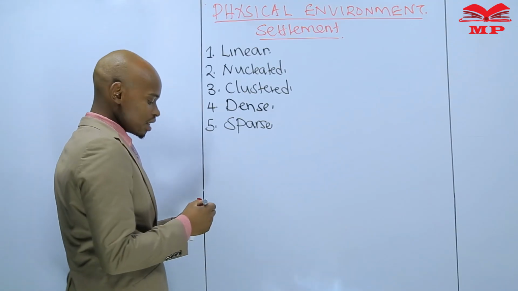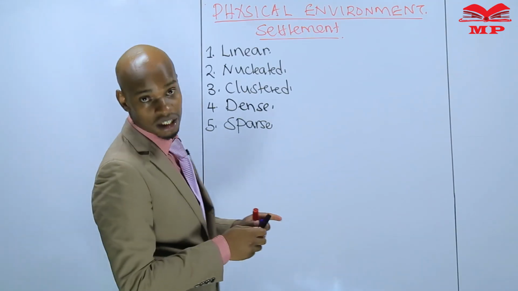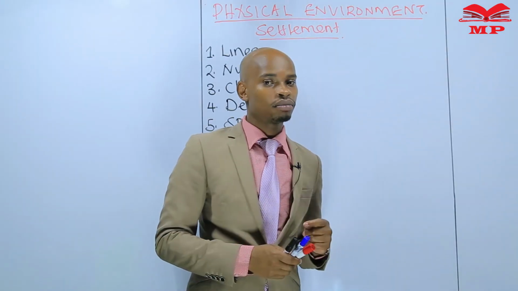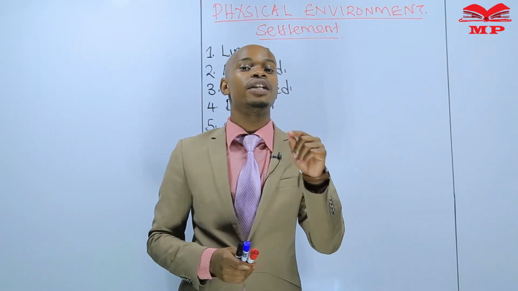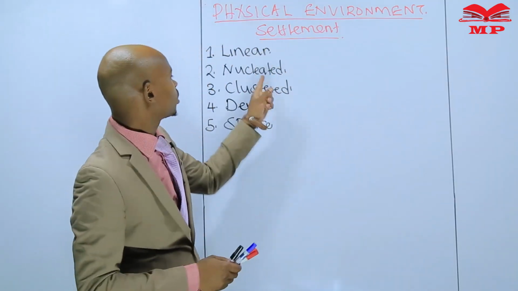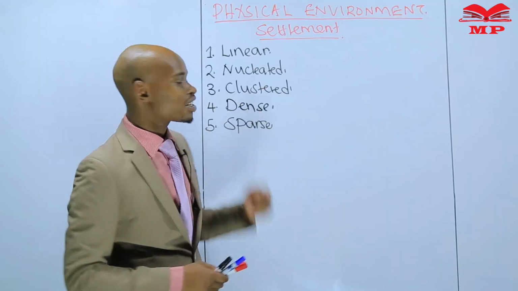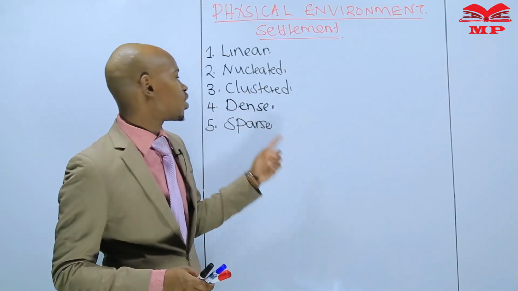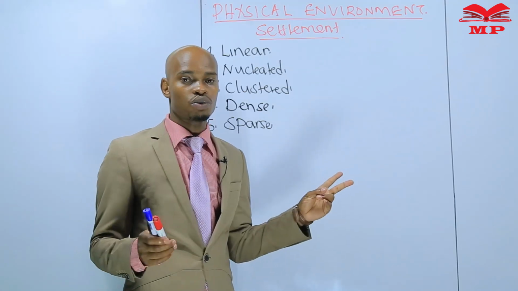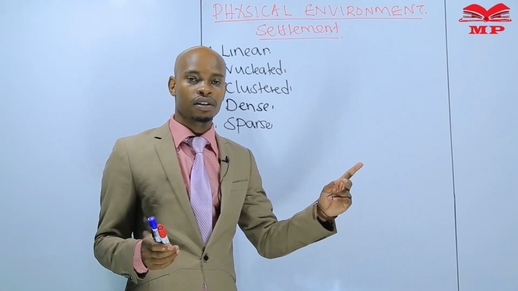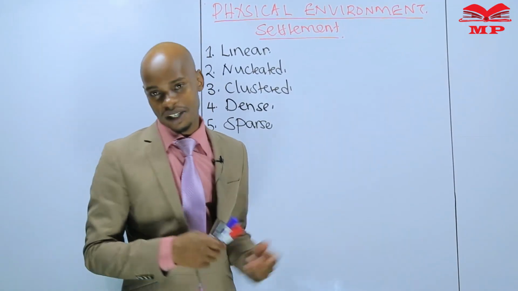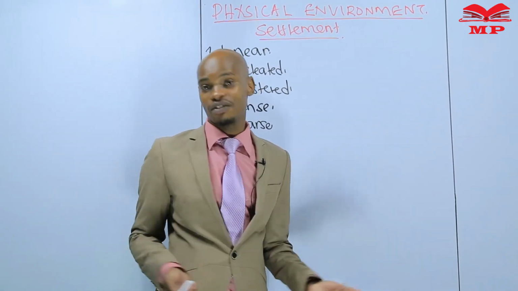These five settlement patterns are what we are supposed to identify and give the reasons why they have assumed a linear, nucleated, clustered, dense or sparse pattern in a map. Our objectives are only to identify the pattern and give the reason for that pattern.